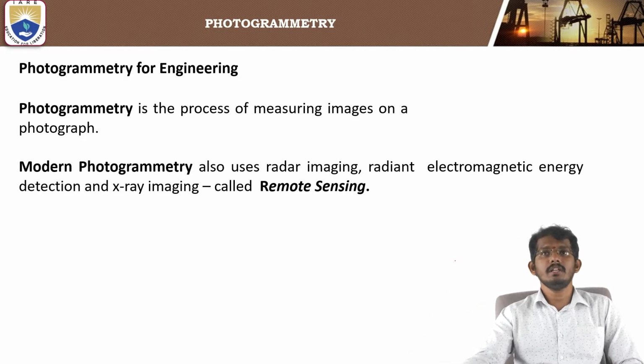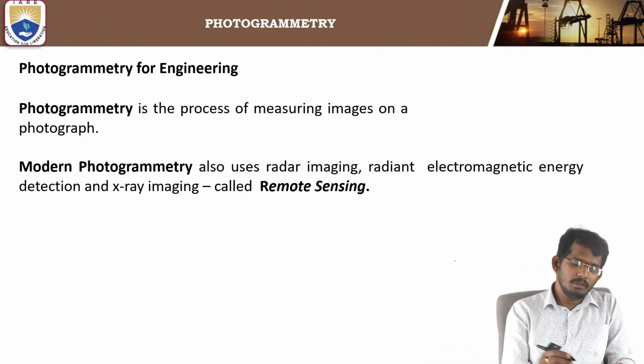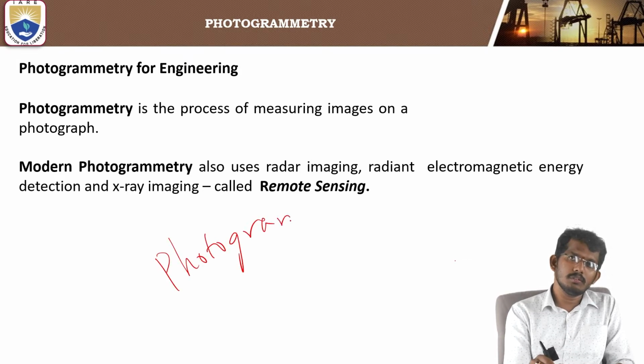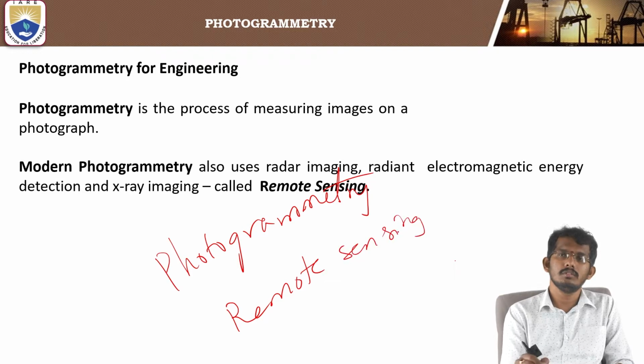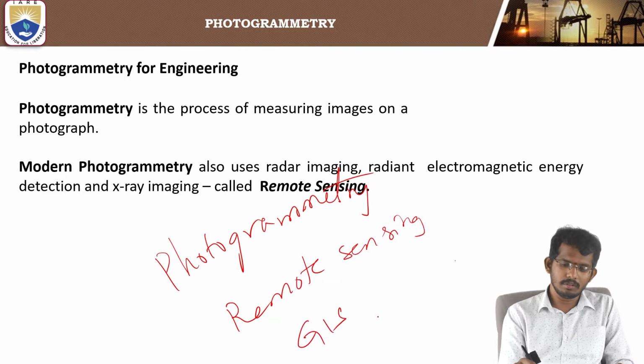So modern photogrammetry also uses radar imaging, radiant electromagnetic energy detection and X-ray imaging, called remote sensing. If you observe carefully, here are photogrammetry, remote sensing, GIS, and you can take GPS or EDM.